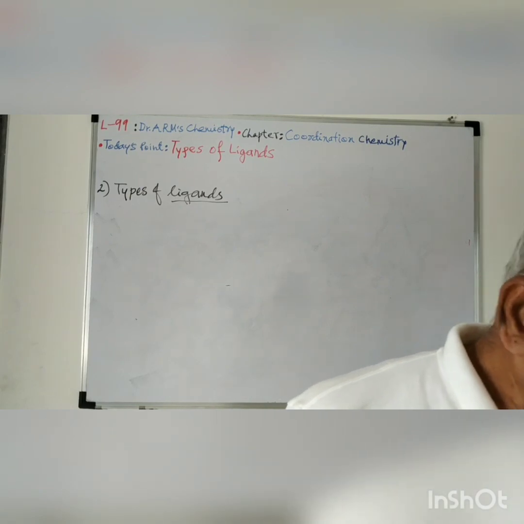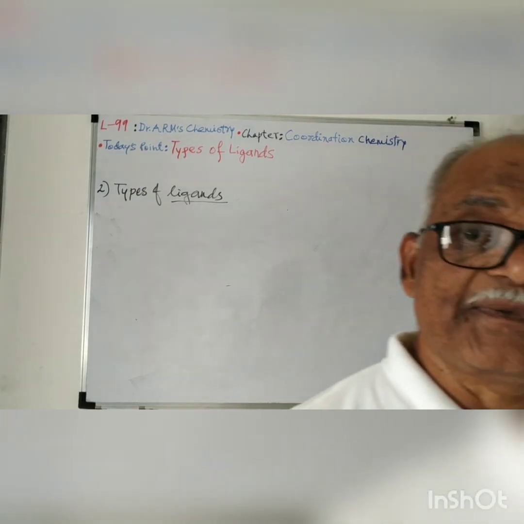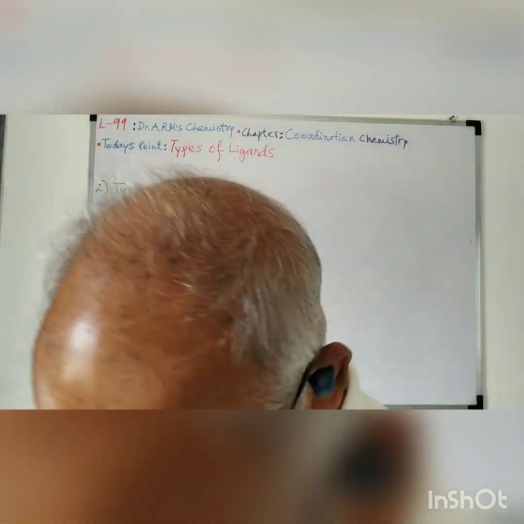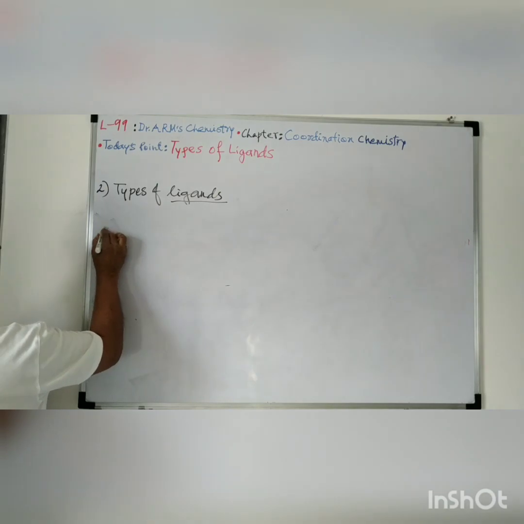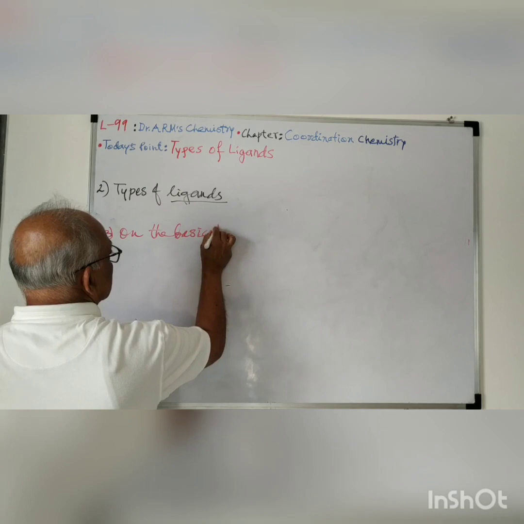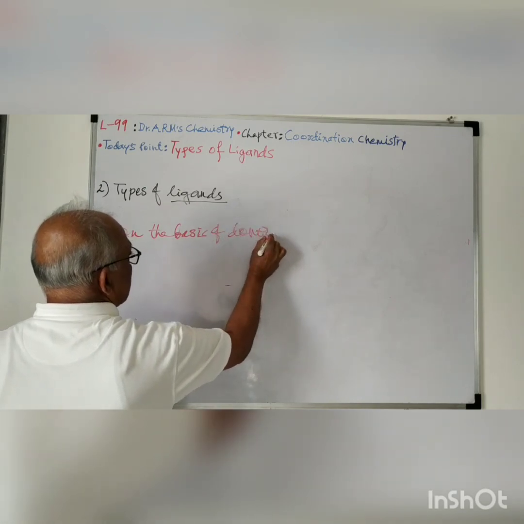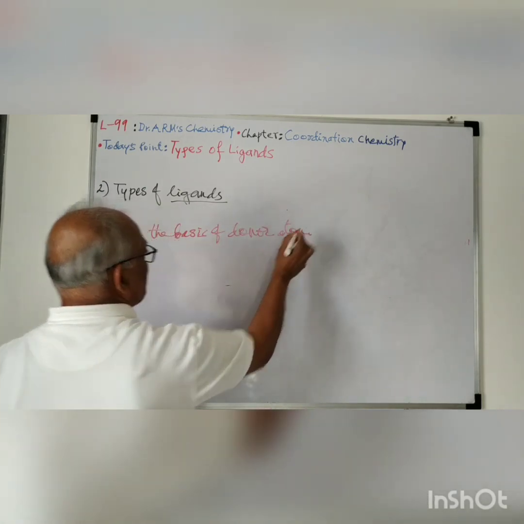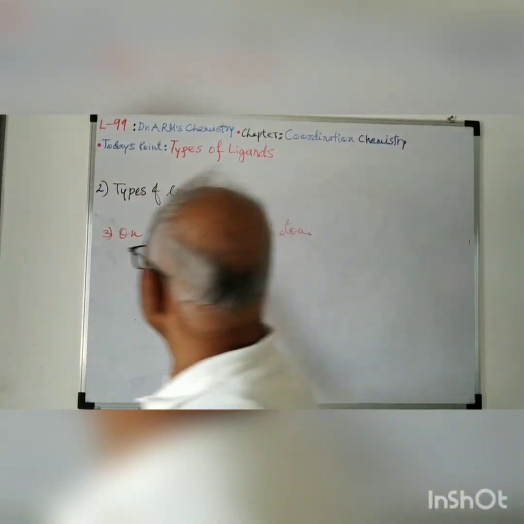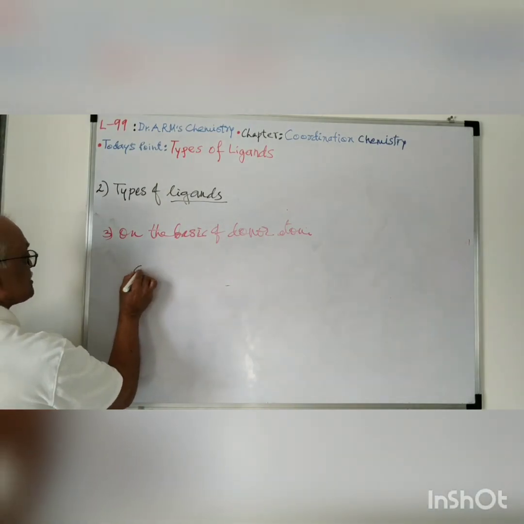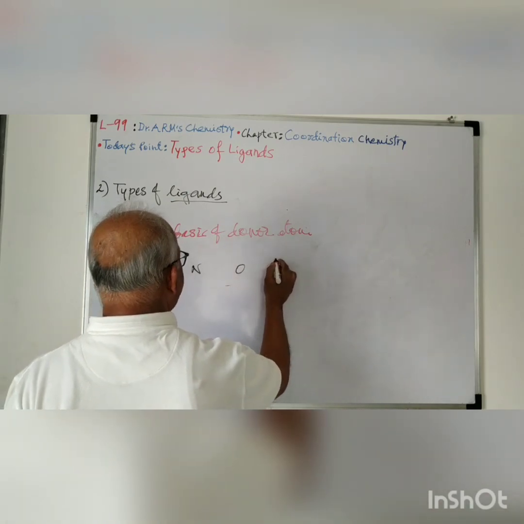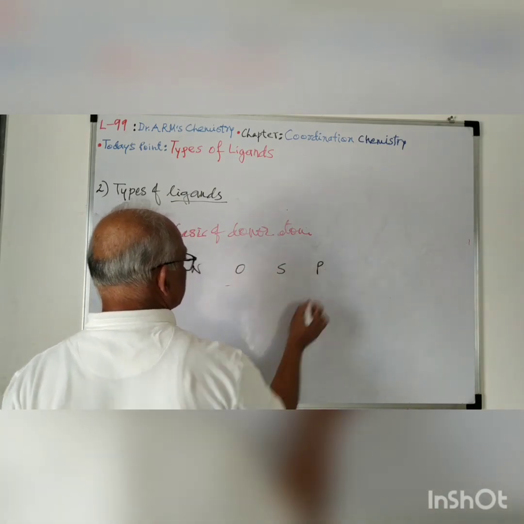Then we can classify the ligands on the basis of donor atoms. Third, on the basis of donor atom or atoms. For example, we can show these donor atoms like this: carbon, nitrogen, oxygen, sulfur, phosphorus.